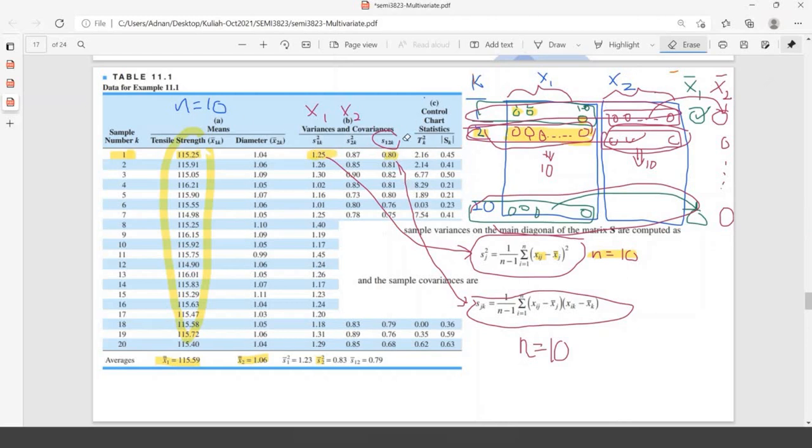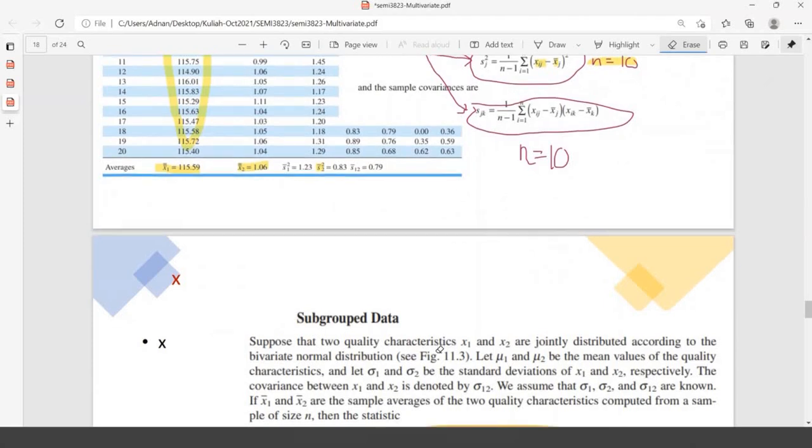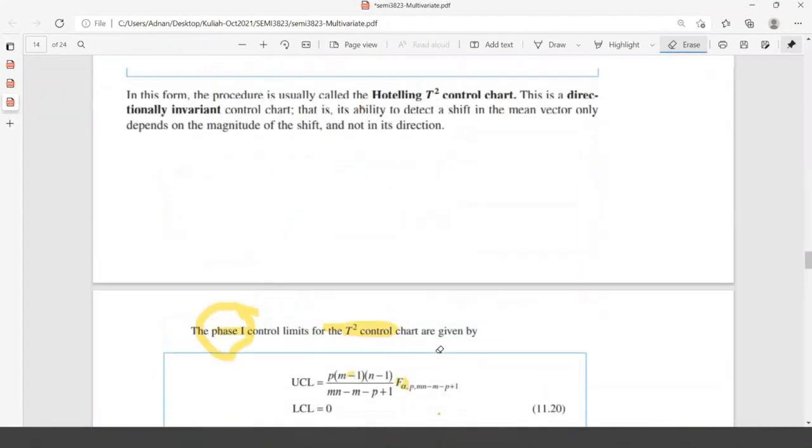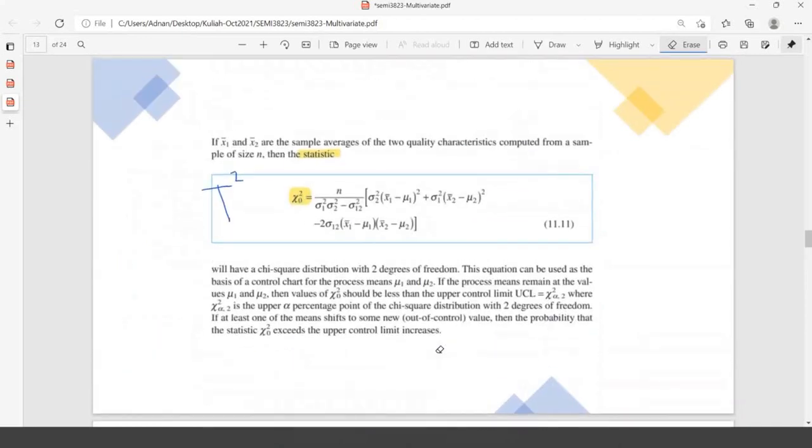So now the T square. How do we get the T square values? This T square value is coming from this formula. This is where you get the T square value. This is approximate from chi-square.